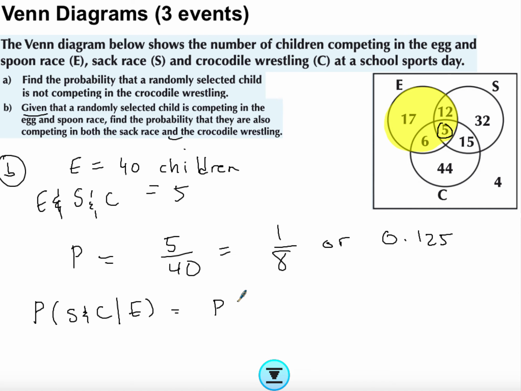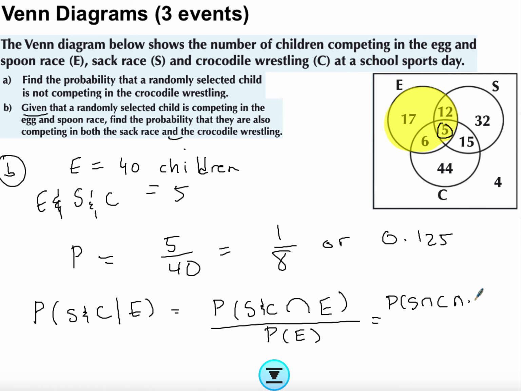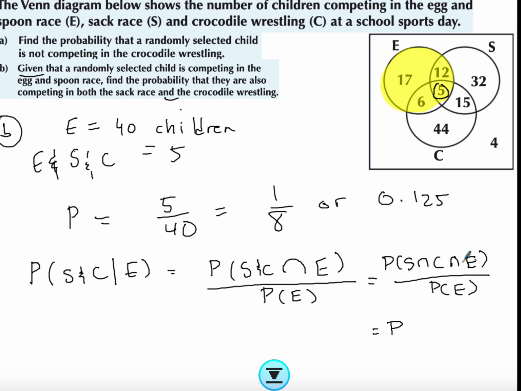The formula for conditional probability, if you've done it, is this divided by the probability of E. And the probability at the top, because I have an and here, is S intersect C intersect E, divided by the probability of E. This is basically the intersection of all of them, so that's equal to 5, and this is the probability of E, which is 40. So hence the result.